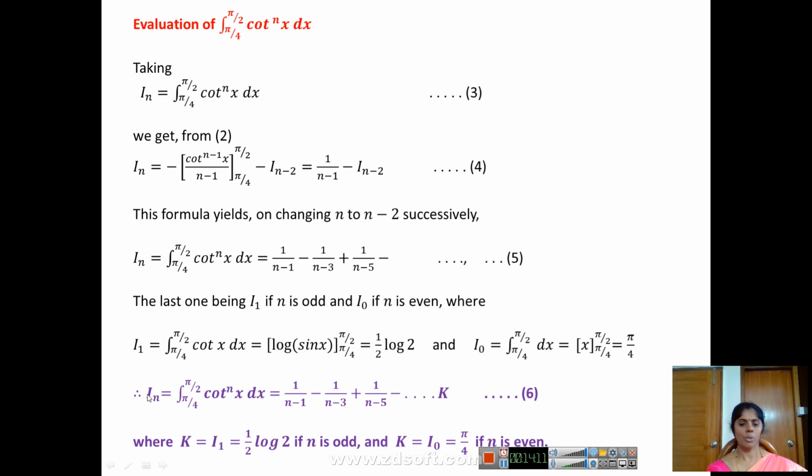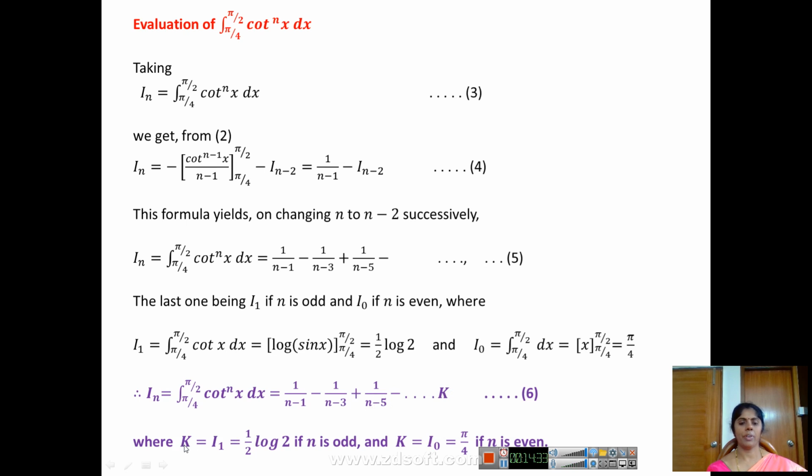So we can write I_n equals the integral from pi by 4 to pi by 2 of cot to the power n of x dx equals 1 divided by n minus 1, minus 1 divided by n minus 3, plus 1 divided by n minus 5, up to k.